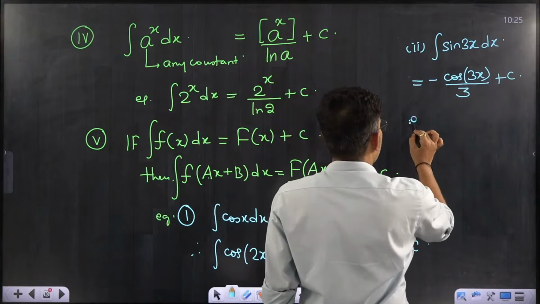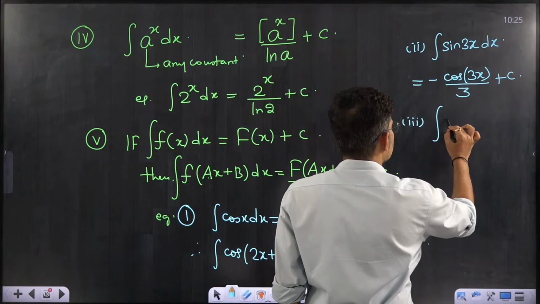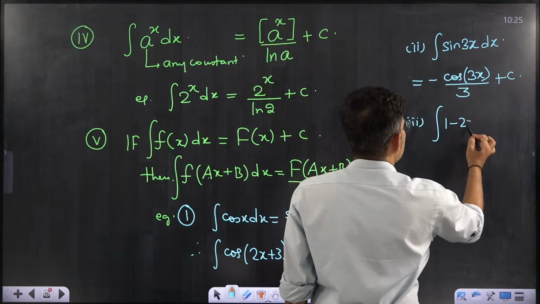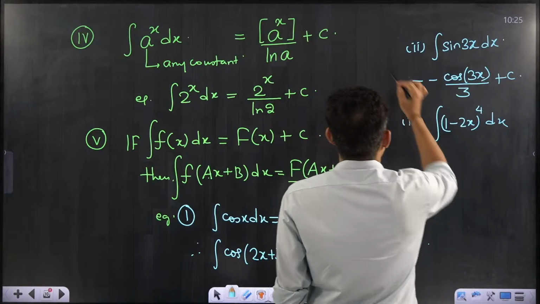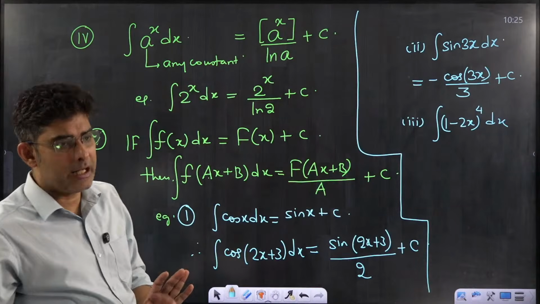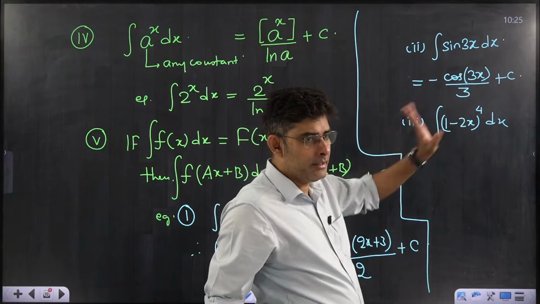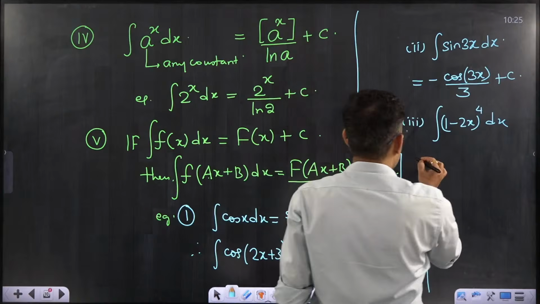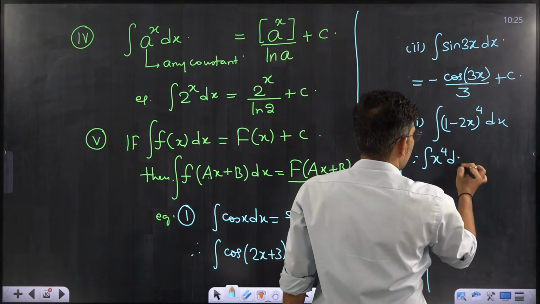If you see forms like 1 minus 2x whole to the power 4, instead of x you have a linear term, ax plus b form. Think about what we know: if it was x to the power 4, what would be your answer?